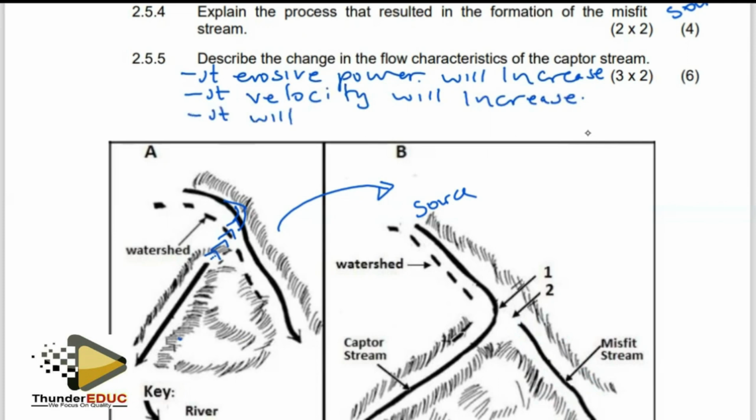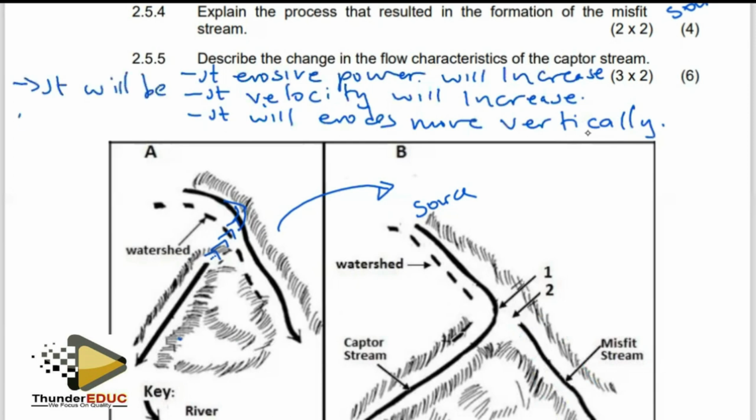It will erode vertically to be rejuvenated, to gain more water, to gain more volume of water, etc. All right.